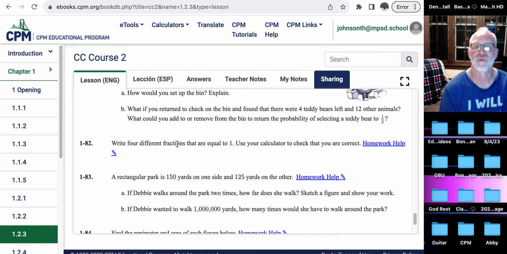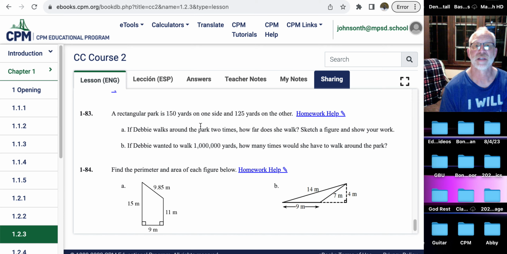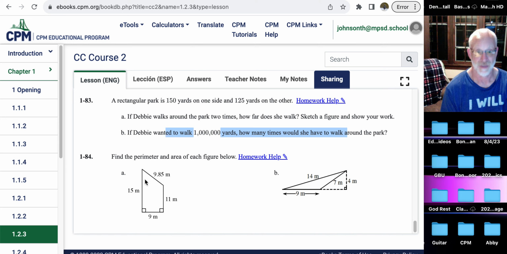This one says, write 4 different fractions that are equal to 1. This is a question about perimeter. This is an extension question about perimeter. This is a question about perimeter and area.